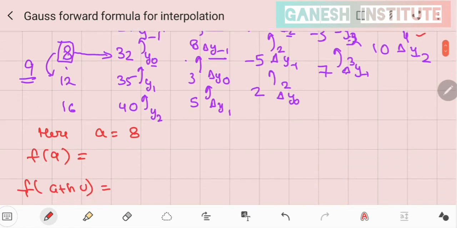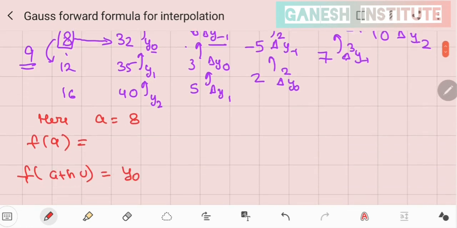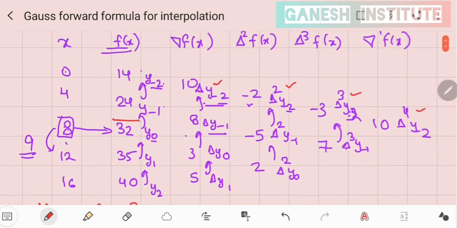So starting with y naught, right? And then moving on, after y naught you need to take y minus 2, bear with me, this is your y naught, this is your frequency, right?